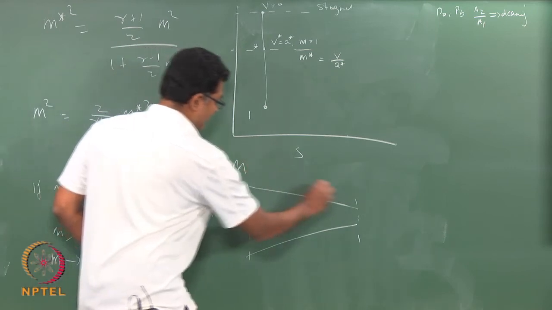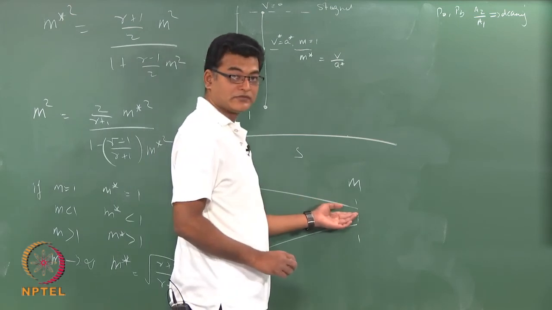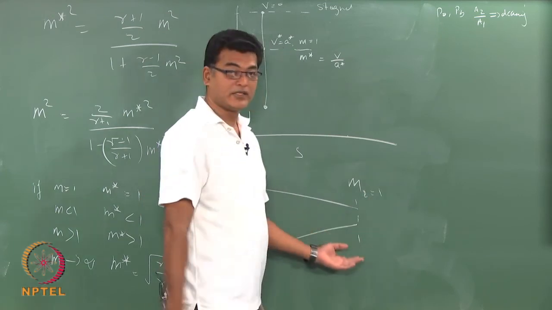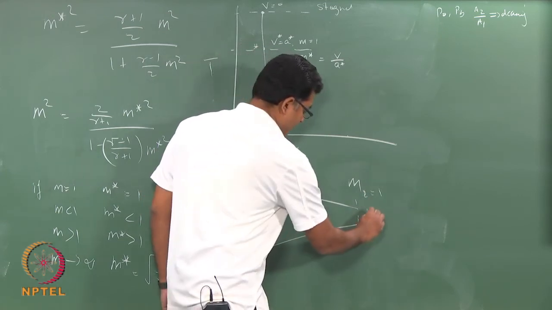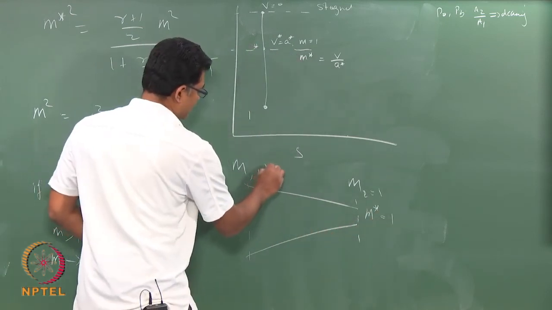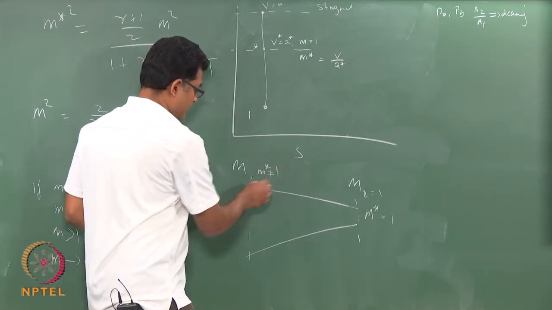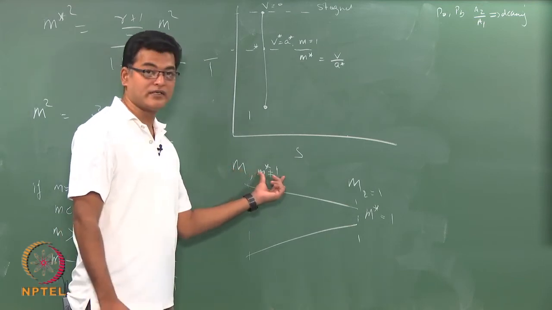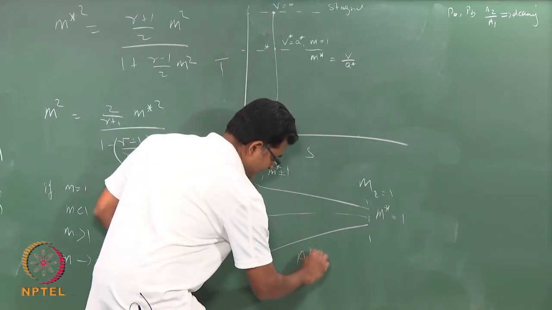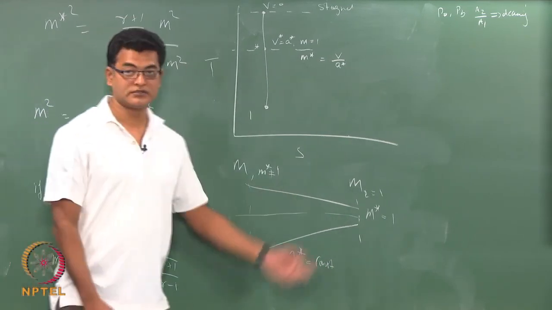So I have an M here, I have an M here. I bring this M isentropically to this value. So I get an M here which is equal to 1 if it is less than the critical pressure ratio. So my M star here is also 1, but the M star here is not 1, because associated with this M you have a different M star. So M star is not constant, only your A star is constant in an isentropic flow.